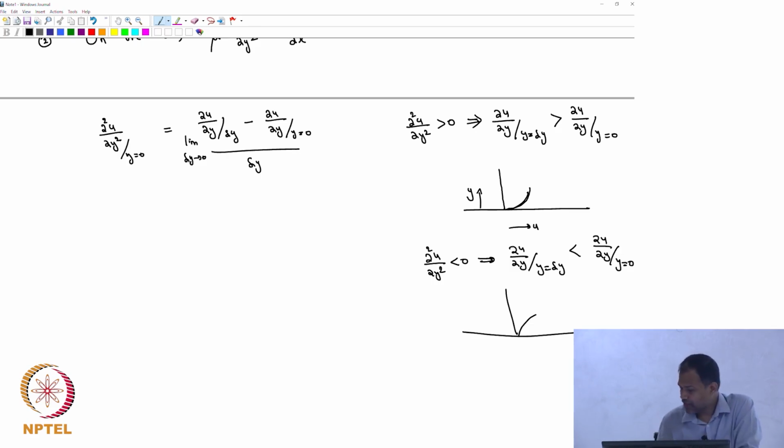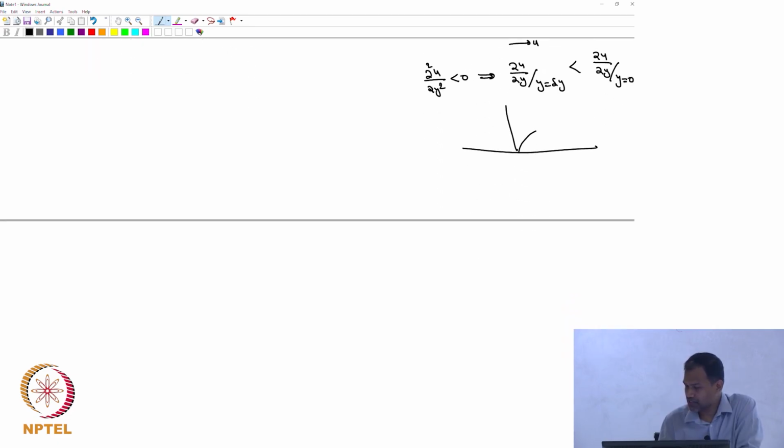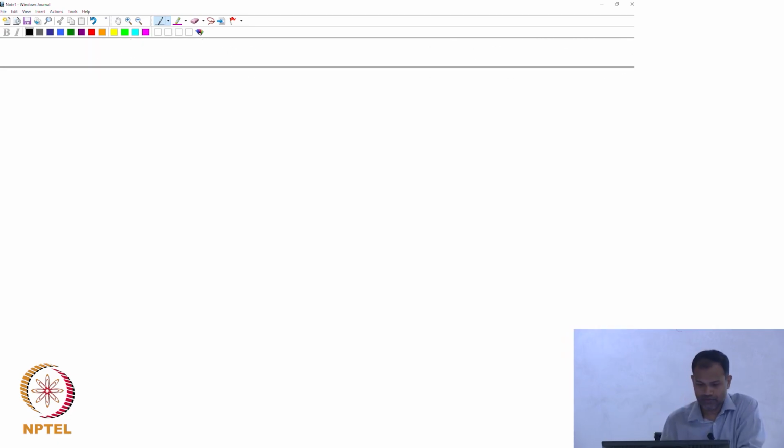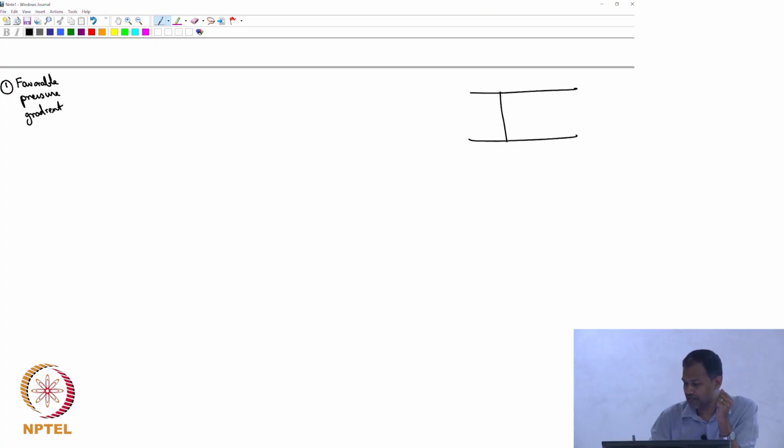And therefore, we talked about a few different situations. I talked about favorable pressure gradient. It's the velocity profile, no? So how do you draw the velocity profile? That's your u, that's your r or y or anything.